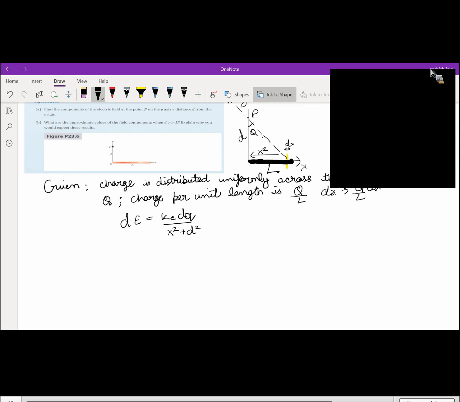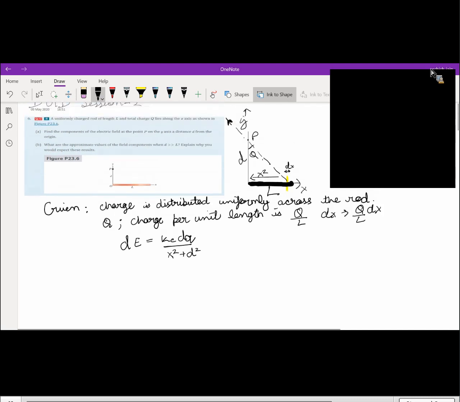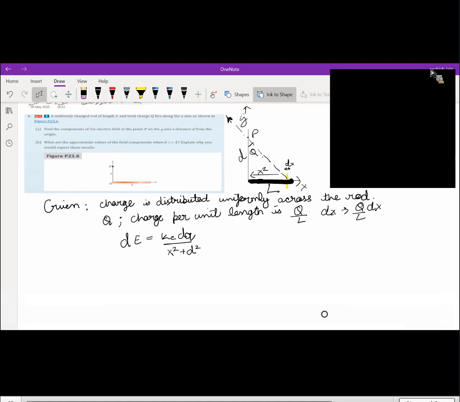Sorry, why is it derivative again? No, it's not a derivative. It's the length. You divide the rod into small parts dx, and if you integrate dx from 0 to L, you get L. You divide the length into small sub length elements of dx.